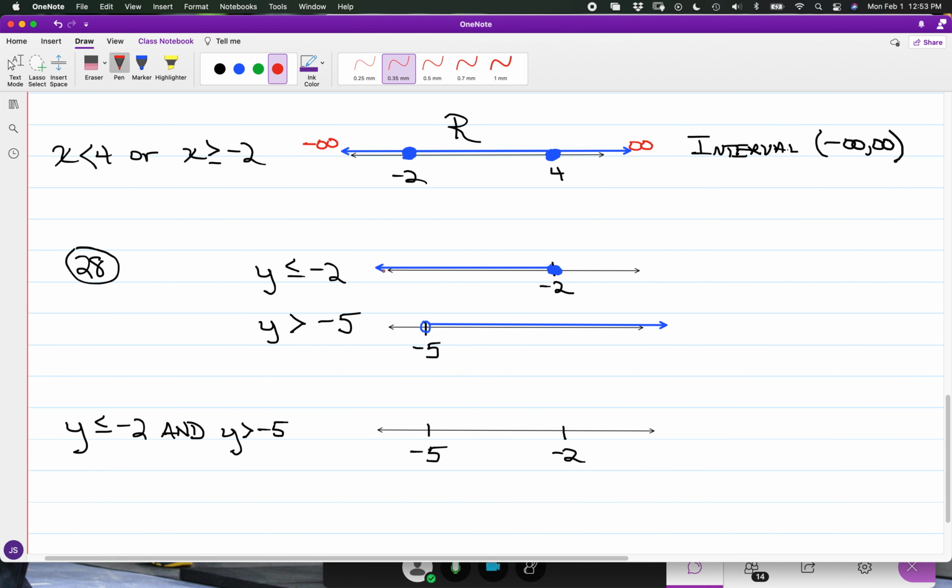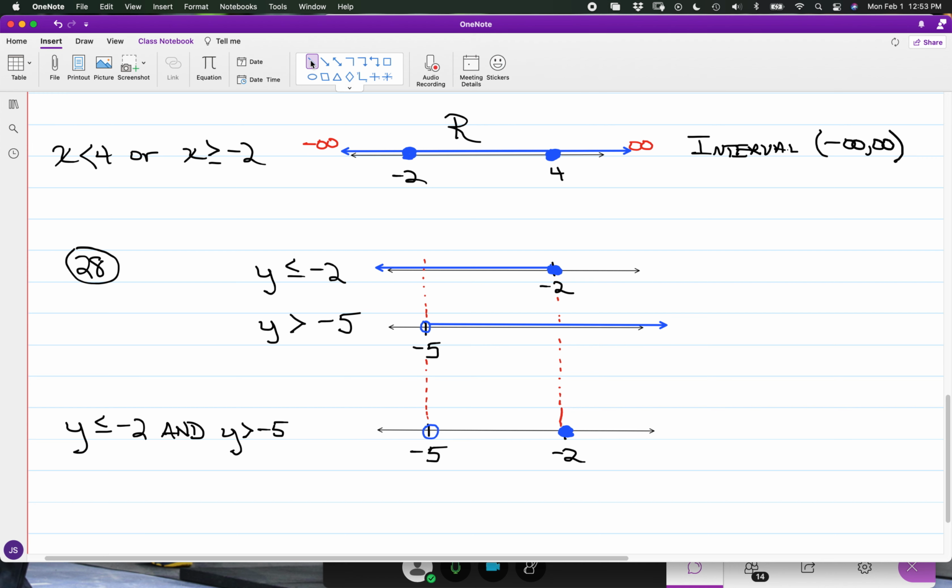And is limited to what will be shared in common between the graphs. So you have in common those values that will be greater than -5, and also between that and including -2. And so we're going to have a line segment.